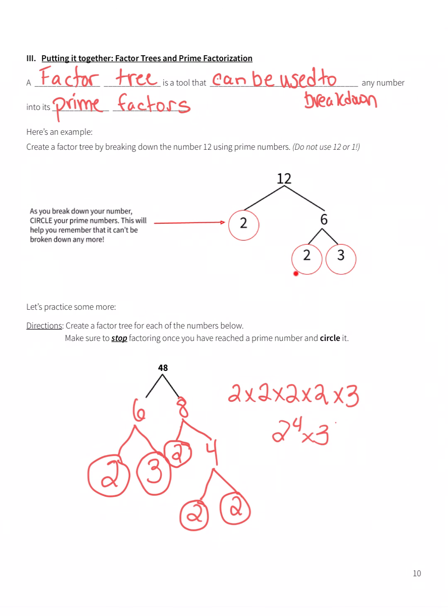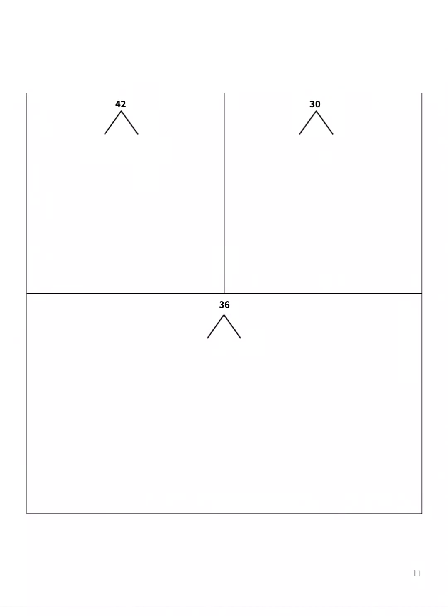This one up here, if we looked at it, we have two 2's, so it would be 2 times 2, and then we have 1 3 times 3. So the prime factorization of this number would be 2 to the 2nd power times 3. Okay, or really we should be using this little dot to show multiplication. Okay, perfect. Now we're going to go to the next page, and you're going to try some on your own.